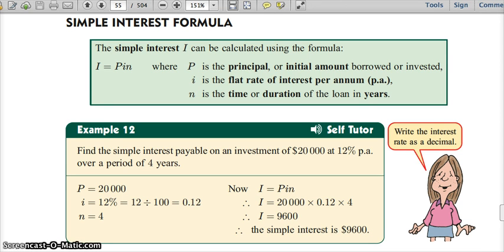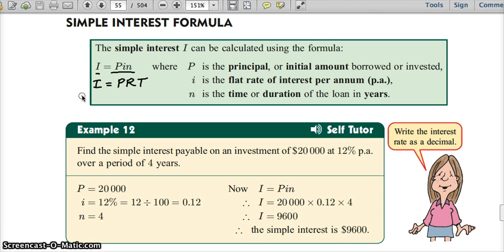The formula they use is interest equals PIN. The one I'd like to use is interest equals PRT. You may have seen this one before because I'm not sure I've ever seen PIN, but we'll roll with PIN and I'll try and do it both ways.